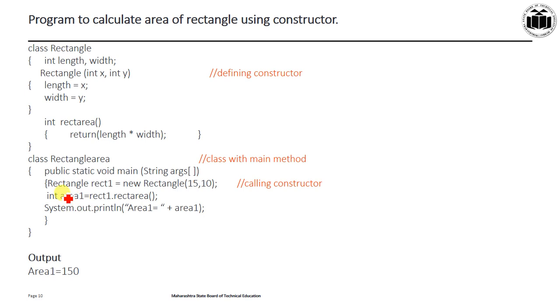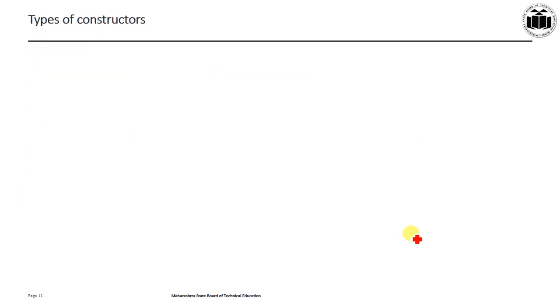After that we display that value. We write System.out.println for displaying the output, and write area1. So the value of area1 will get displayed, that is 150. This way we can use the constructor in our program.